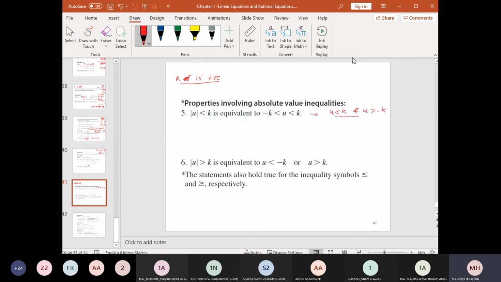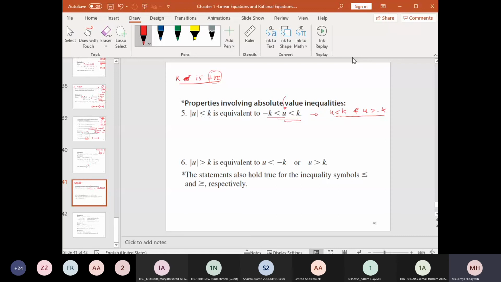We knew this one, we can write it like this. So u is greater than minus k and u is less than k, like that. And then you solve depending on what u was. So don't forget, if k is positive, we can write it like that, and then we solve the equation like we did before.